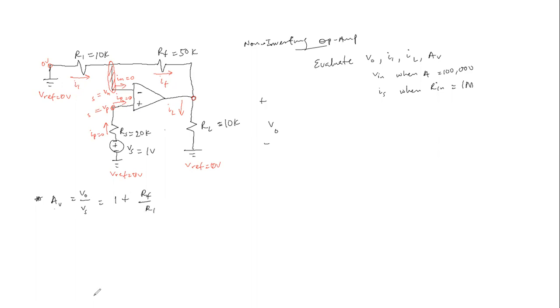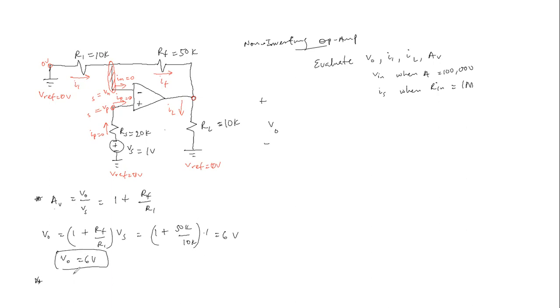Now the output voltage follows directly from here, making V naught the subject: V naught equals 1 plus RF divided by R1 times V sub S. This will be 1 plus 50K divided by 10K times 1. So that's 5 plus 1, which is equal to 6 volts. So V naught is equal to 6 volts.